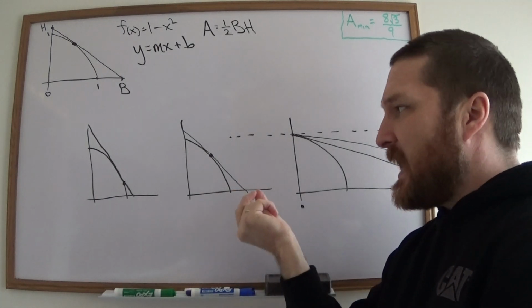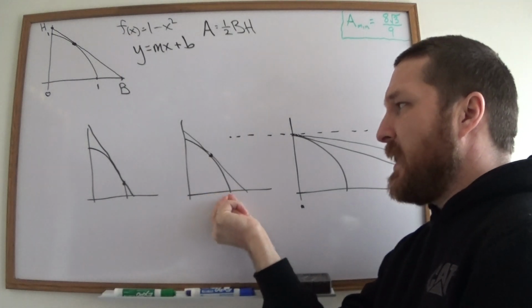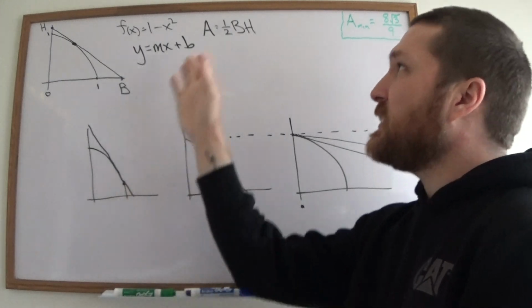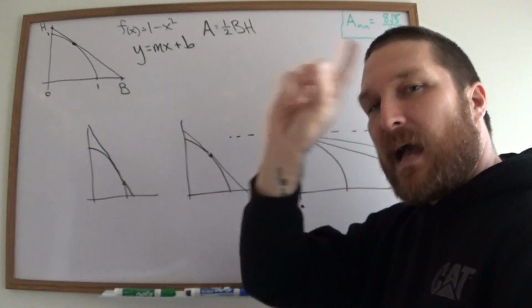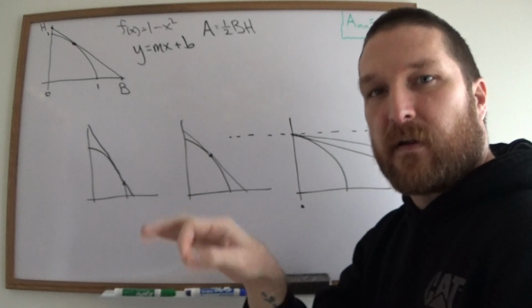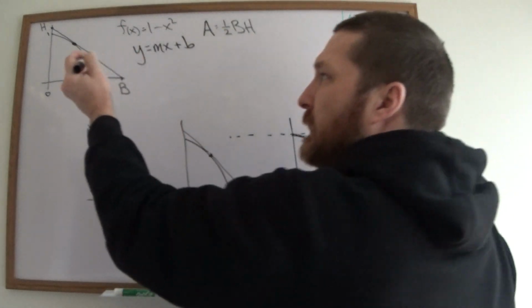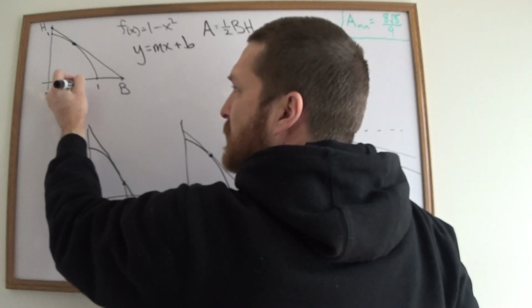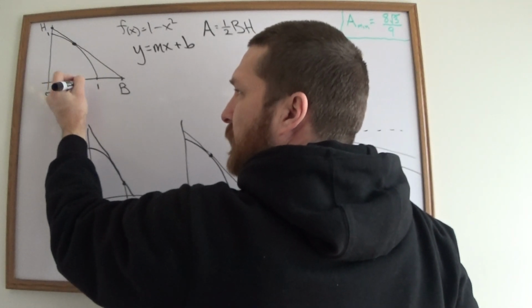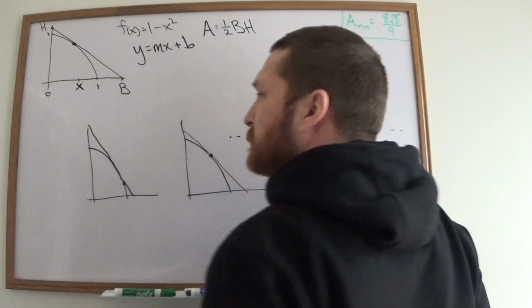And I can see that as I vary that position, it changes the area. So now I have a variable, right? I have some value I could plug in here, and it's only one value. I'm going to go ahead and call it x.